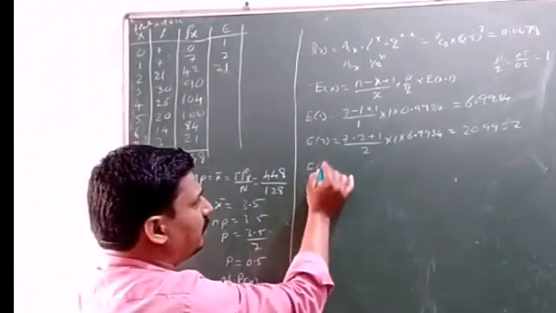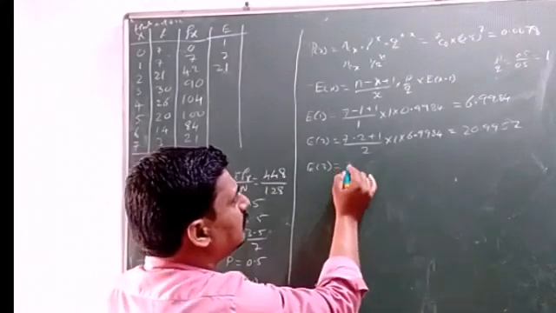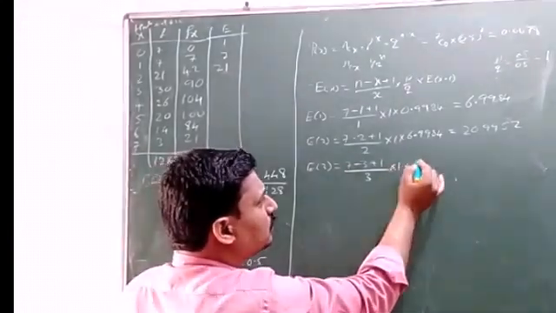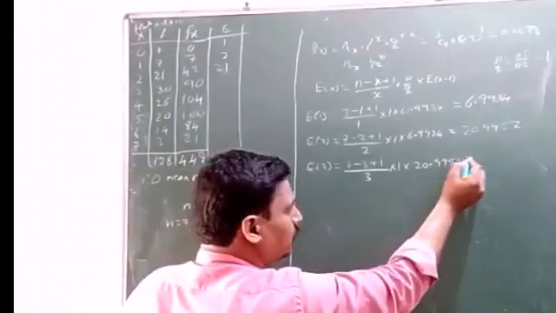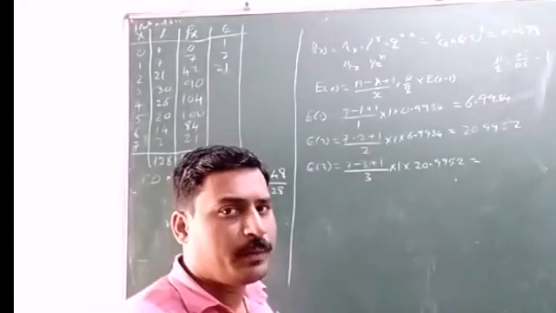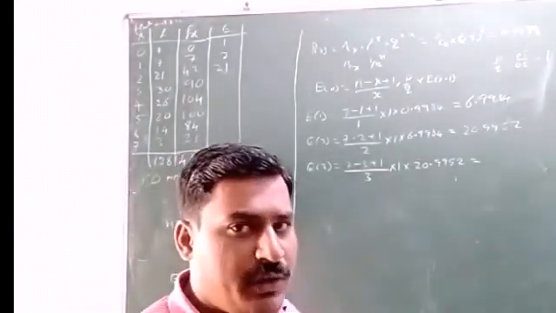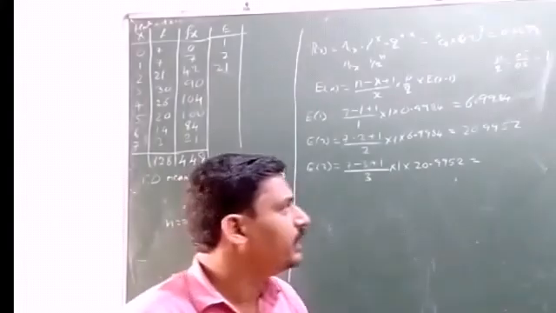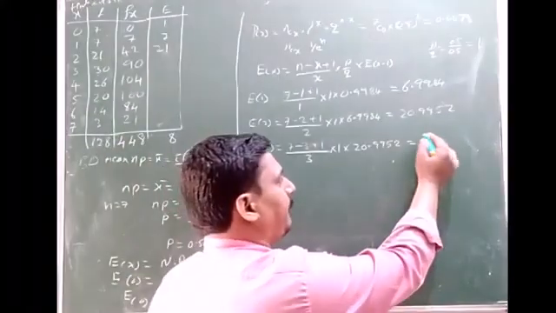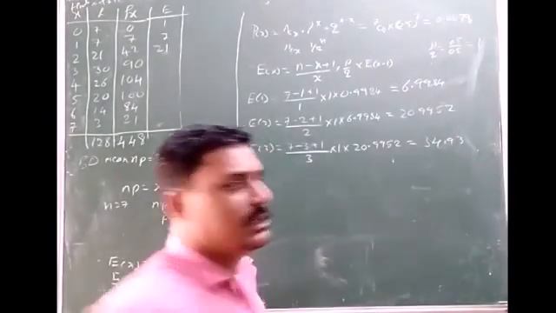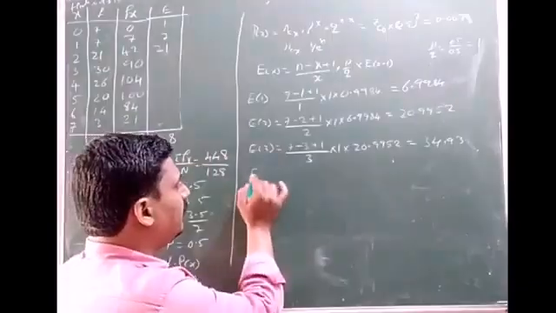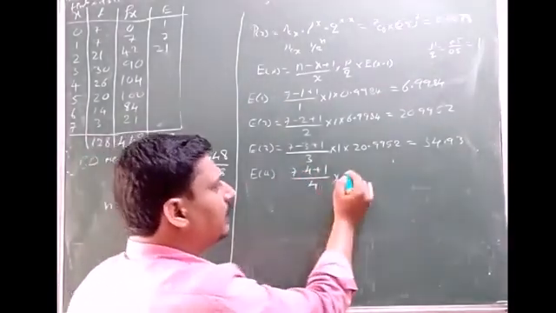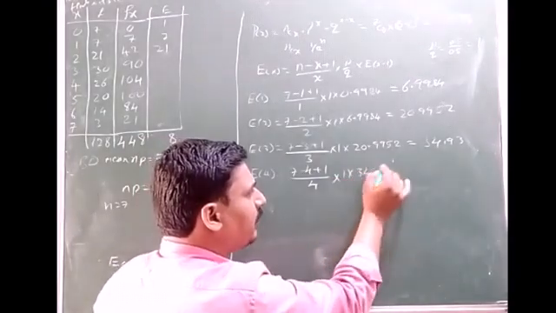Then E of 3 is equal to 7 minus 3 plus 1 divided by 3 into 1 into 20.9952. So 7 minus 3 is 4, 4 plus 1 is 5, 5 divided by 3, into 1, into 20.9952 is 34.93. Next, E of 4 is equal to 7 minus 4 plus 1 divided by 4 into 1 into 34.93.